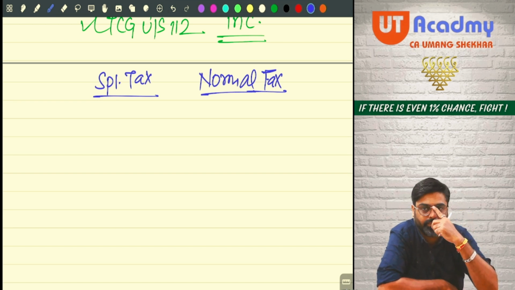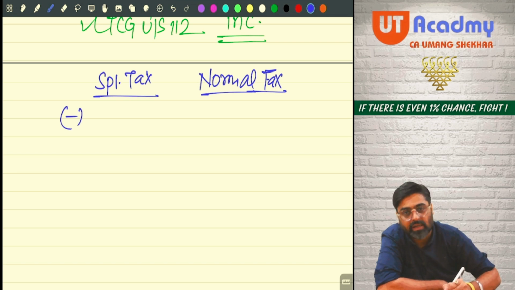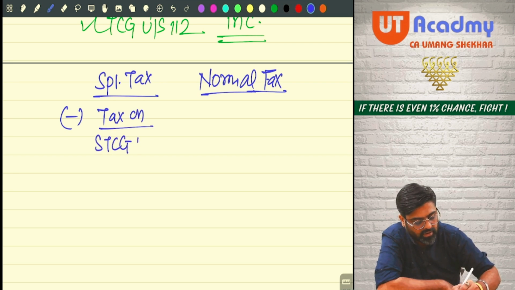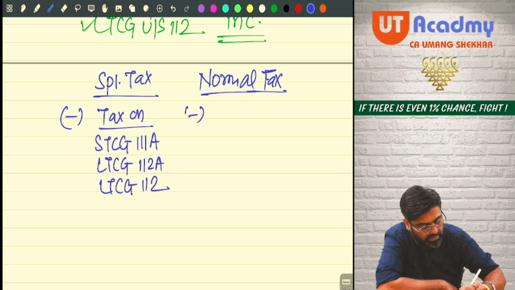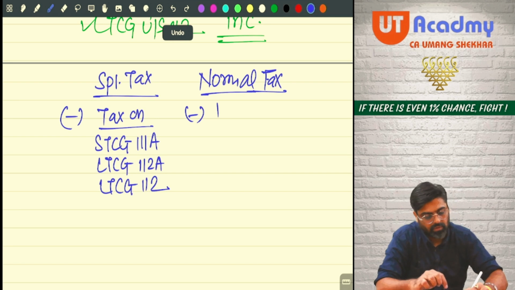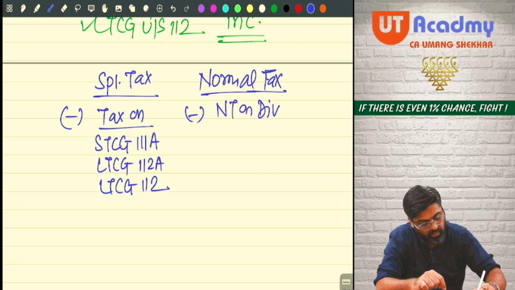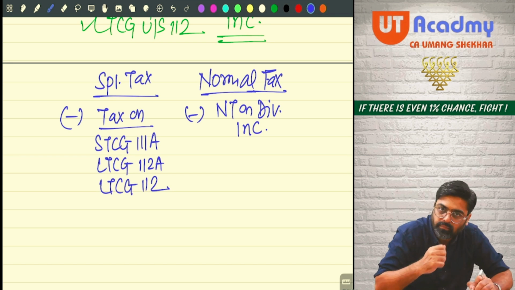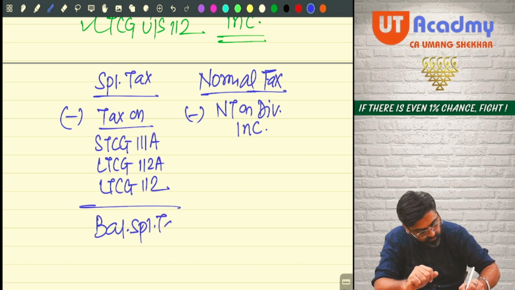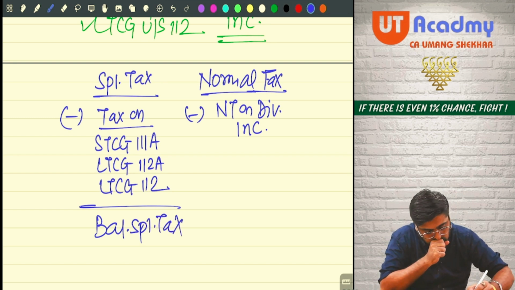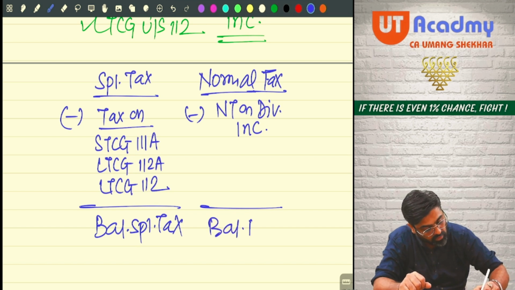So do one thing, from your special taxes, reduce the tax on STCG 111A, LTCG 112A, LTCG 112, and from your normal tax, reduce normal tax on dividend income. Can I say balance special tax? Can I say balance normal tax?